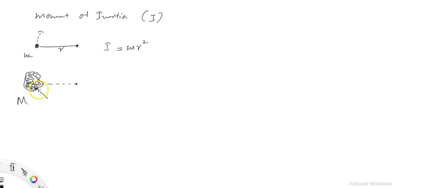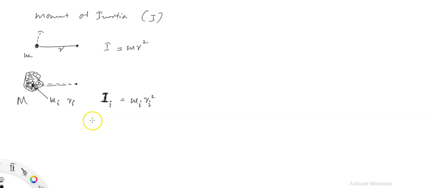For example, this one is mass mi, and it is at a distance ri, the ith distance. So the inertia of the ith piece is mi ri squared.